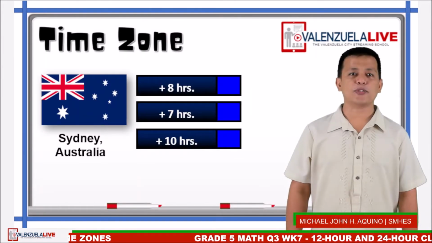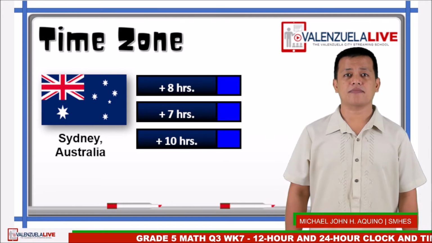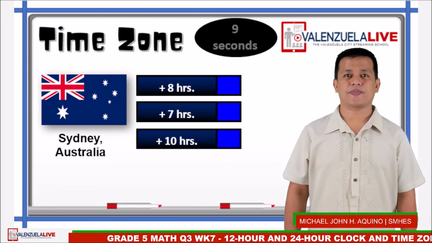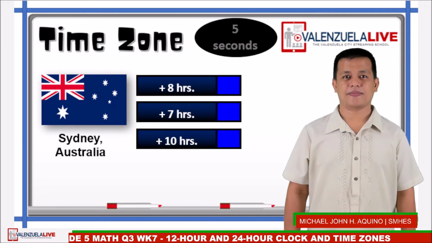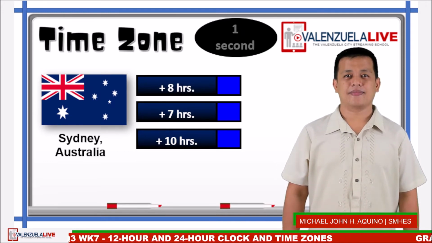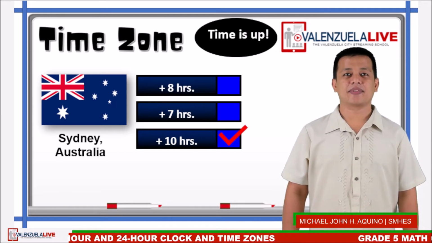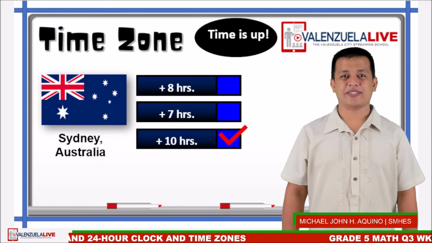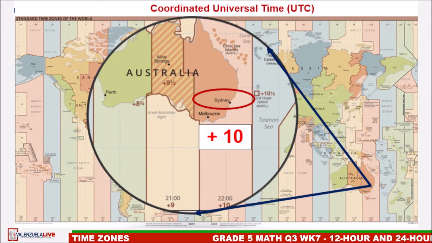Next, we also have Sydney, Australia. Timer starts now. Time is up. The correct answer is positive 10 hours. As you can see here, Australia is divided into 3 different time zones.